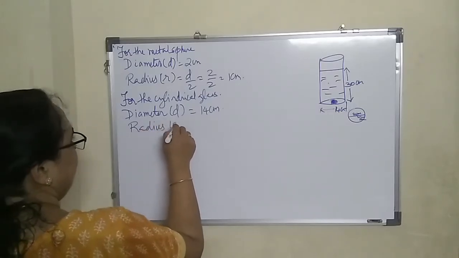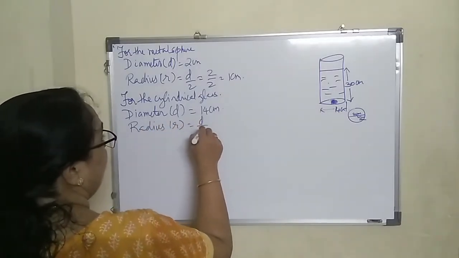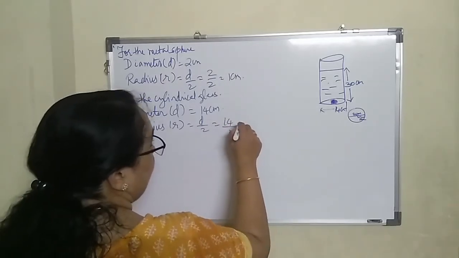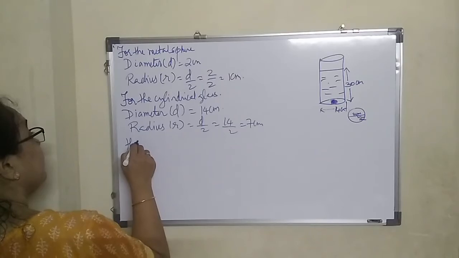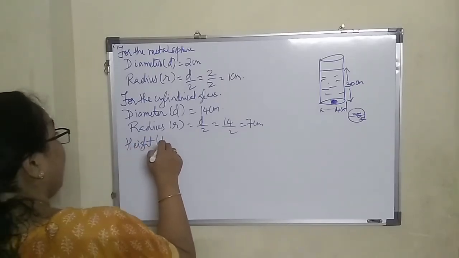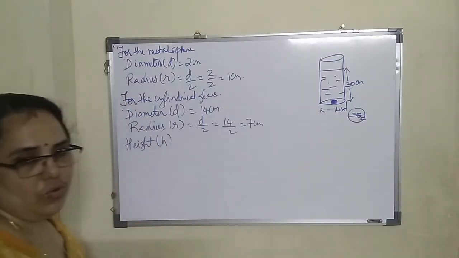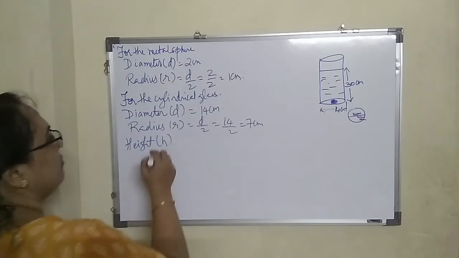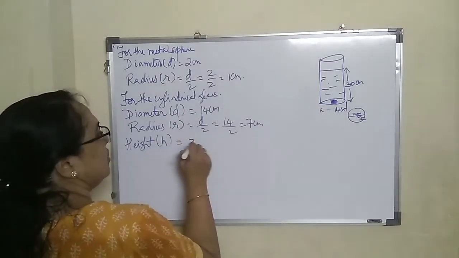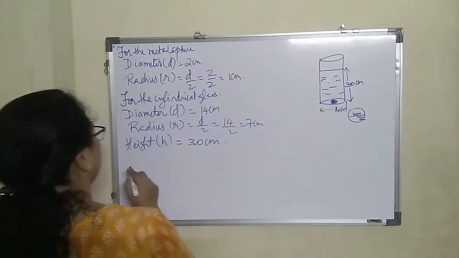Radius R equals D upon 2. 14 upon 2, that is 7 centimeter. Height, have they given us the height of the cylinder? No, they have given us the height of the water level. Is that very clear? So height of the water level is H, 30 centimeter.